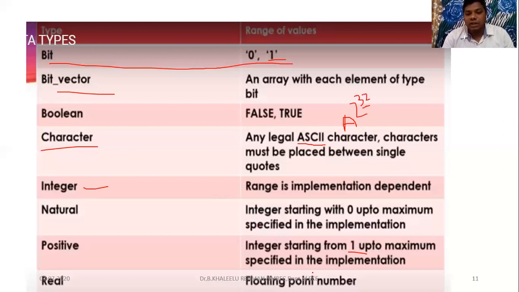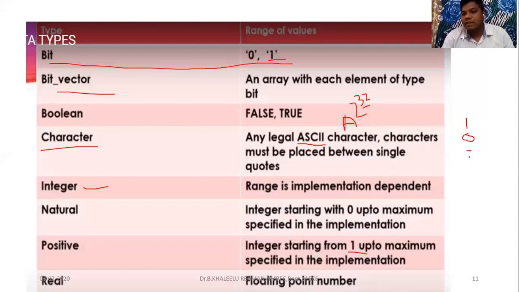Apart from this, we have std_logic and std_ulogic. If I talk about std_ulogic, you have 1 for logical level high and 0 for logical level 0. If you are using don't care, then simply a hyphen.